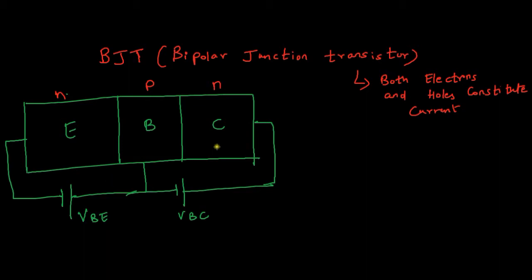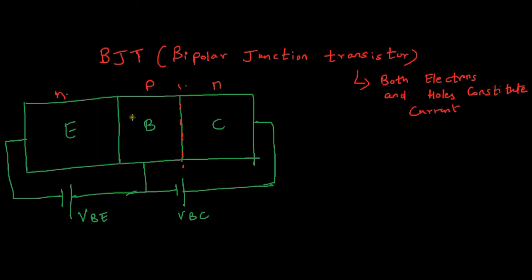So this is an active mode of operation. As you can see, this EB junction is forward biased. Just concentrate on this part. The forward bias causes current to flow across this junction. This current consists of two parts.